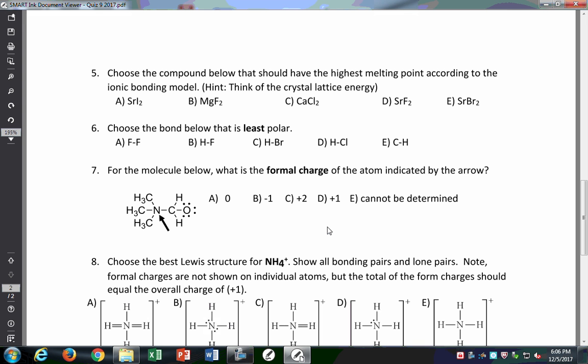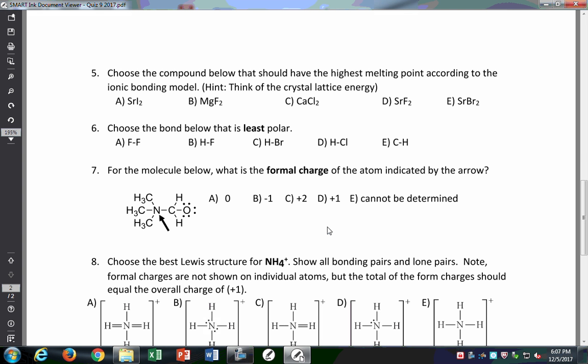Which is the most stable crystal structure? Because the more stable the crystal structure, the higher the melting point. The less stable the crystal structure, the less energy it's going to take to break up that crystal structure and allow it to go into the liquid phase. The more stable, the more heat it's going to take to make it go into the liquid phase. So this is really just asking which has the most stable crystal lattice.